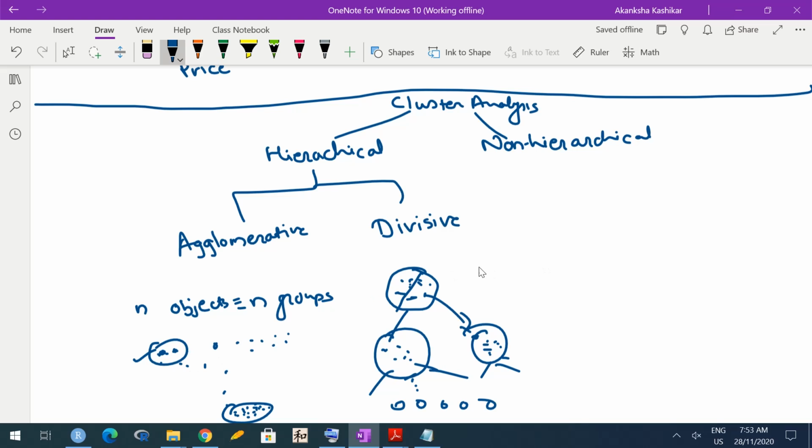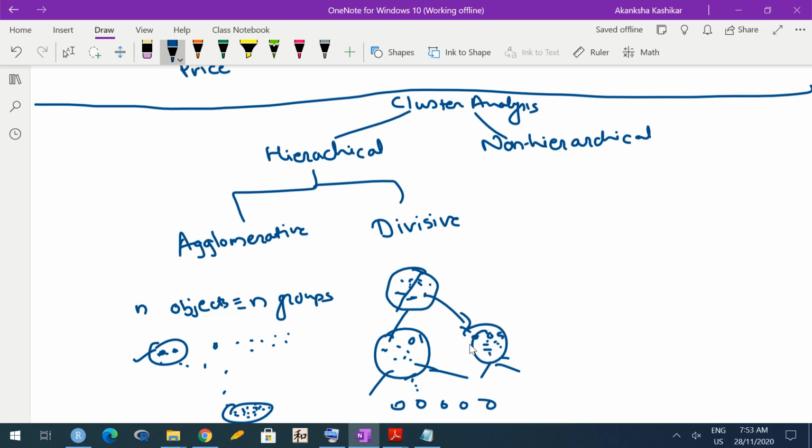Similarly, in the divisive case, if you have separated things, suppose O1 here and O5 here, so at this stage they got separated, then they should always stay in separate groups. They cannot get together again. So in that sense, this is hierarchical. Whatever has been done by the earlier step is preserved, protected, respected, and then the next step is carried out to enhance it further or change it further.